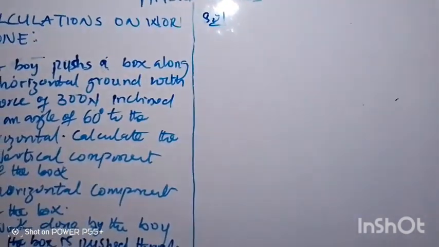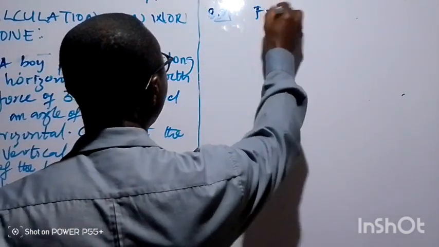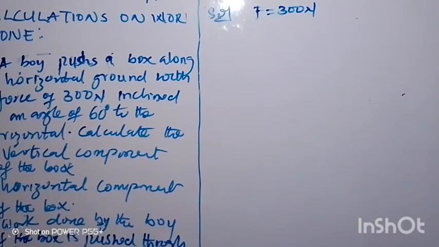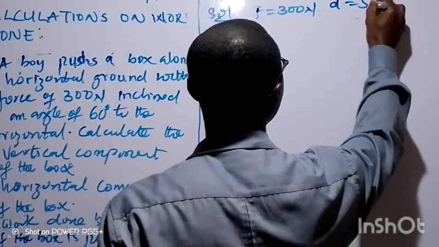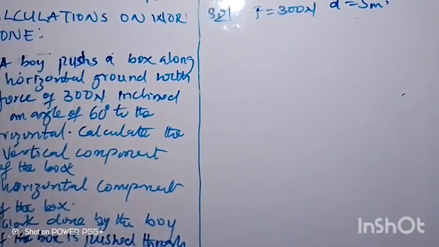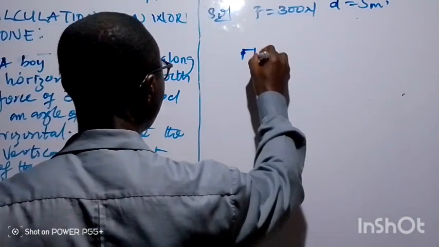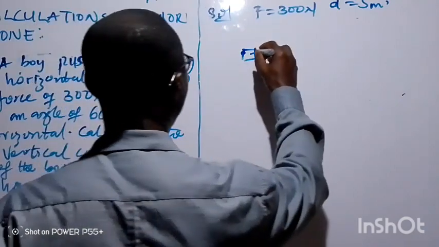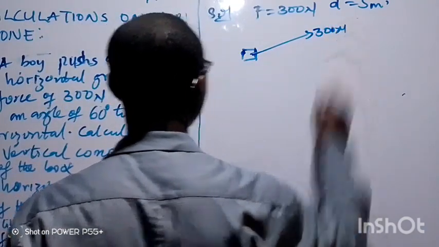Now, from this one, the force is given. F is equal to 300 Newton. The distance pushed, D, is equal to 5 meters. According to the question, let's say this is the box and the force applied by the boy is 300 Newton.